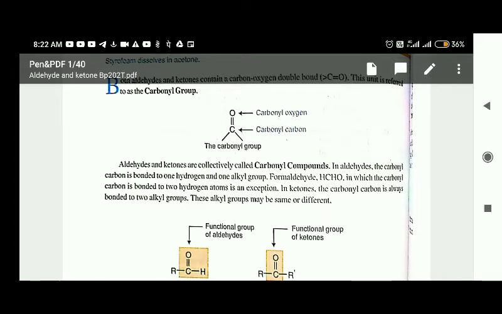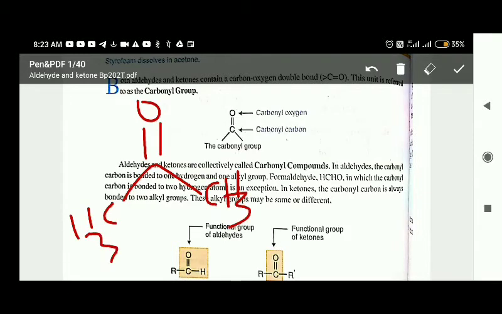Just think of an example, ketone, acetone, CH3COCH3, okay, and aldehyde CH3CHO. In this case, let me write it down, you see this CH3, CH3. This CH3 and this CH3 are providing sigma electrons to this carbonyl carbon, right?